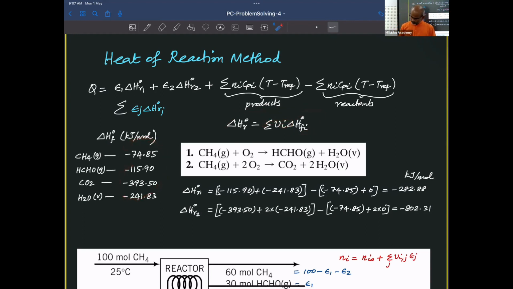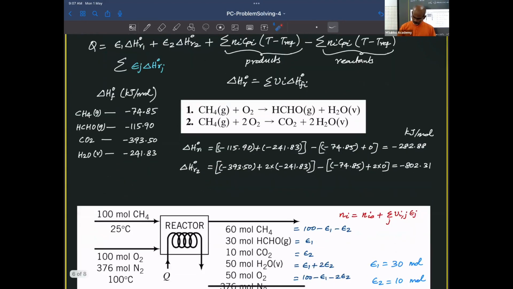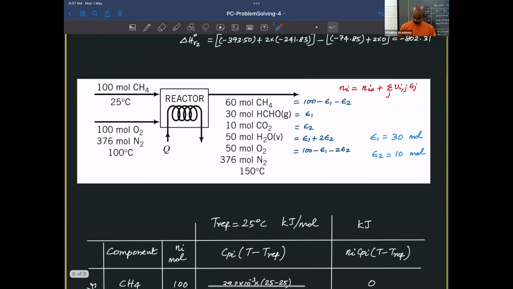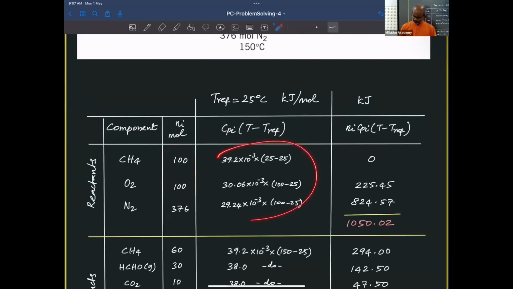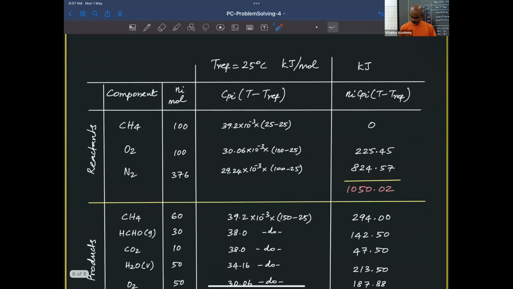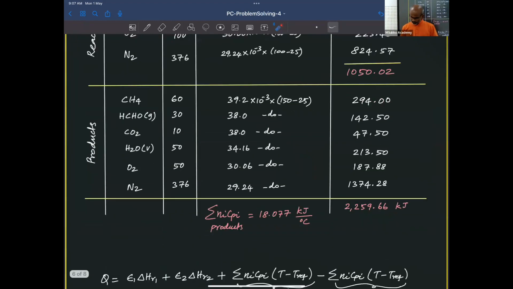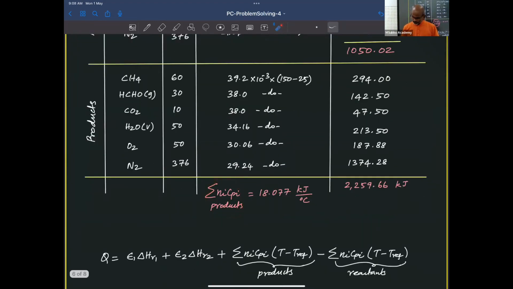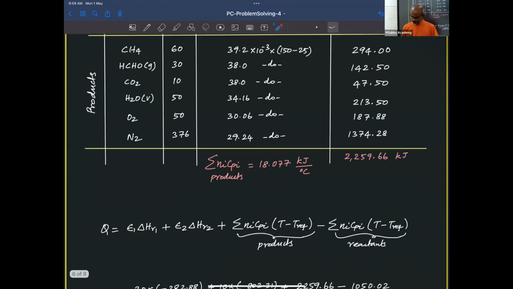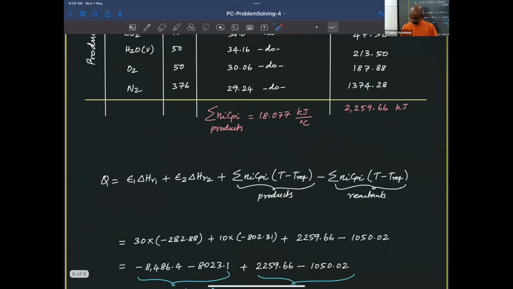Now for every reaction, the standard heat of reaction is calculated, and we have the moles and Cp delta T for the feed, and for the product we have it available at 150 degrees Celsius. For that also we have calculated. Additionally, I also calculate this sum of NiCpi because sometimes I need to find the adiabatic temperature as well.